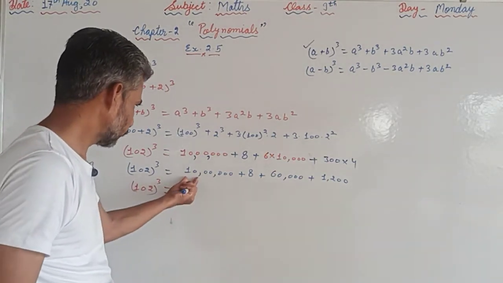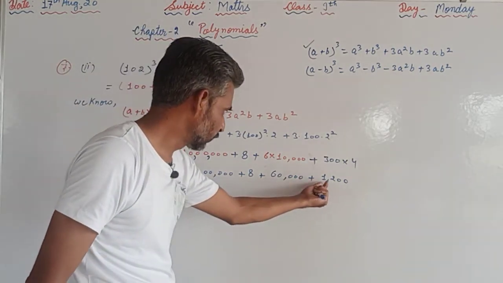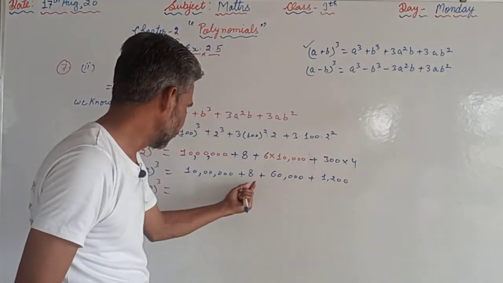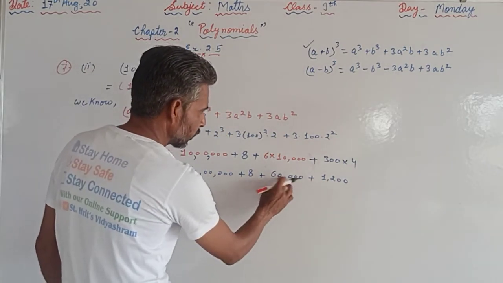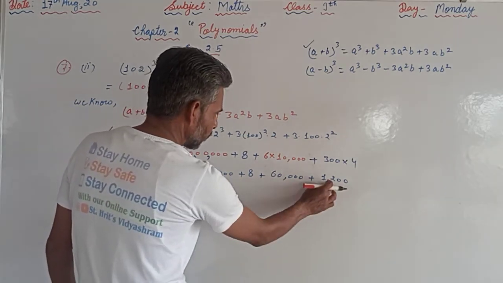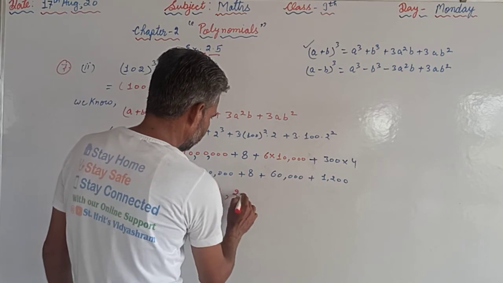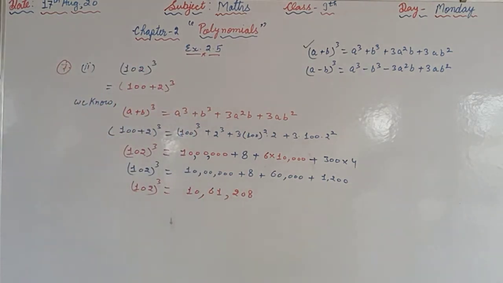So 10 lakhs, 60,000 and 1,208. So 10 lakh 60 plus 1, 61,000, and then 208 will be the answer. I think so. That will be the correct answer.